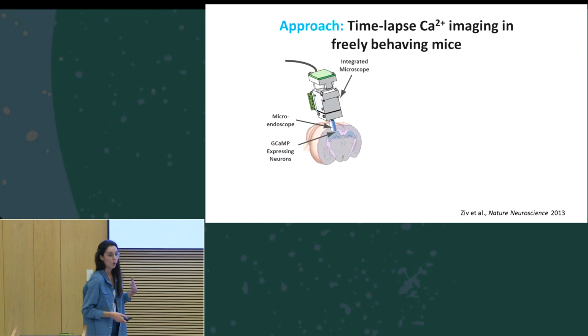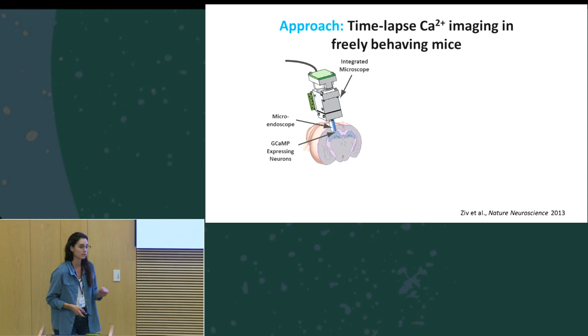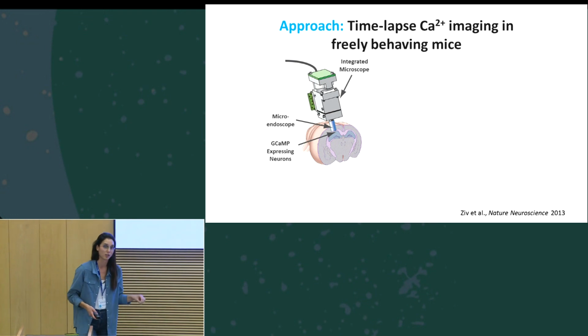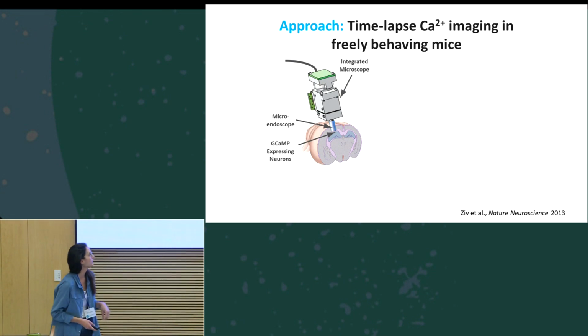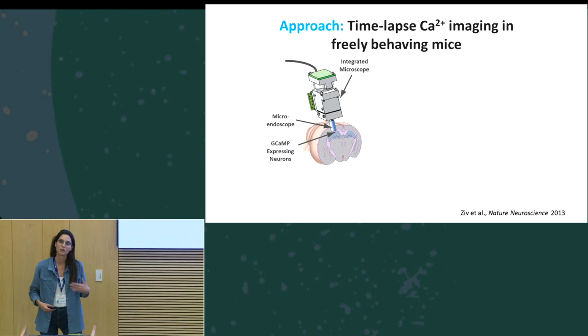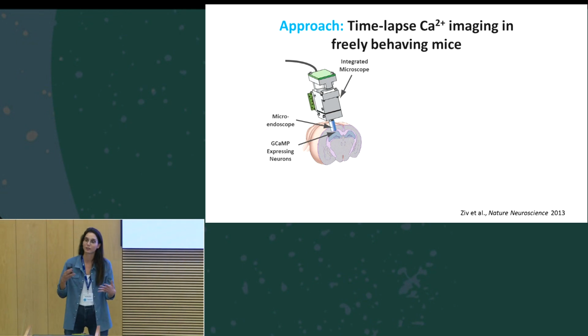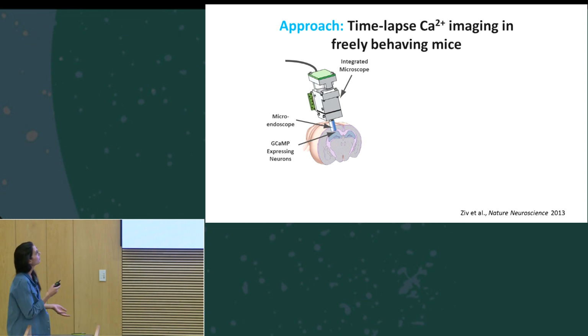One approach to solve this is not using the electrical signal, but rather to image the cells themselves. When we image the cells, we actually see them, and then we can track their identity over days. The example I'm showing you here is of a miniature microscope that was designed to record the activity from mice brains.